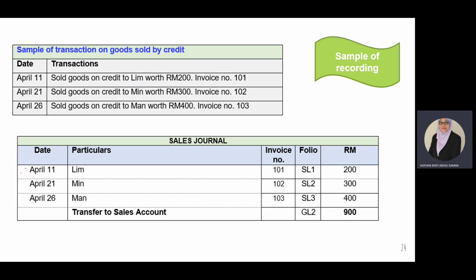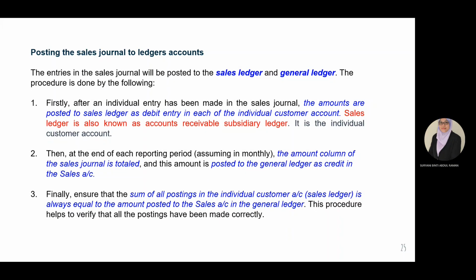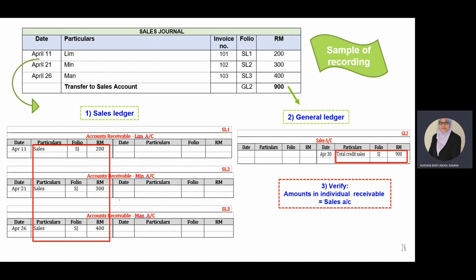You record all the transactions in chronological order, and then you transfer all of this to the folio where the transaction is to be posted later on, as SL1, SL2, SL3, and the total of sales will be posted to GL2. Okay, so these are the steps that will be explained in the following solution.